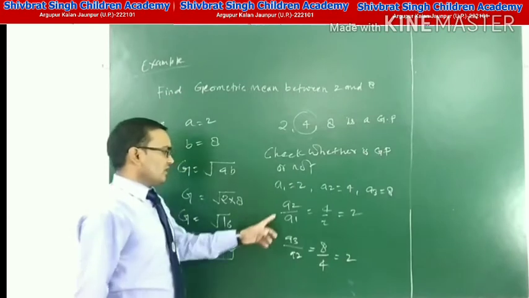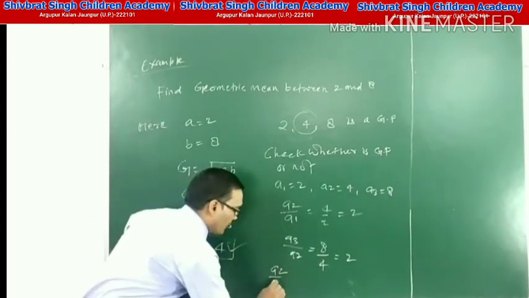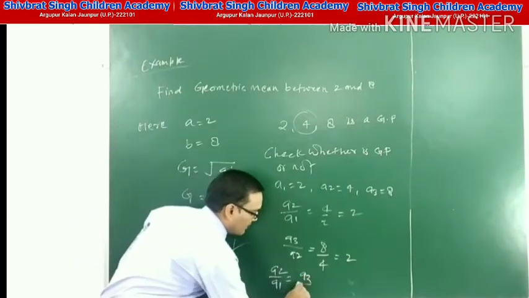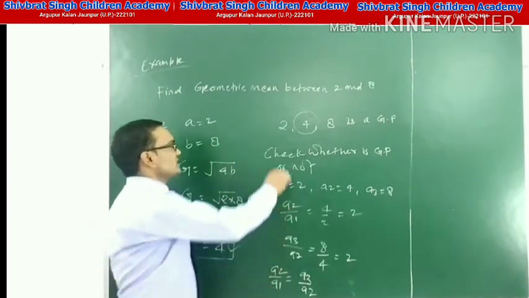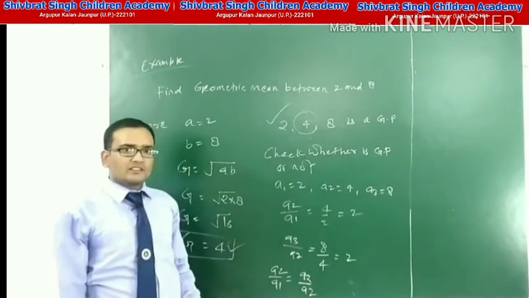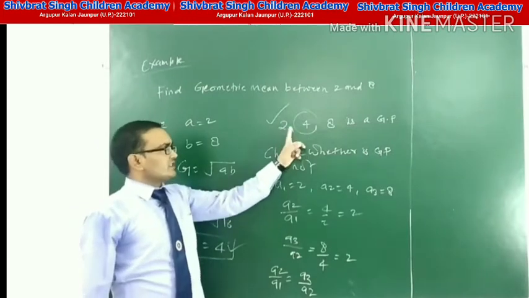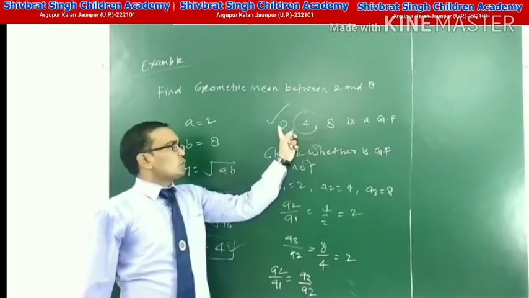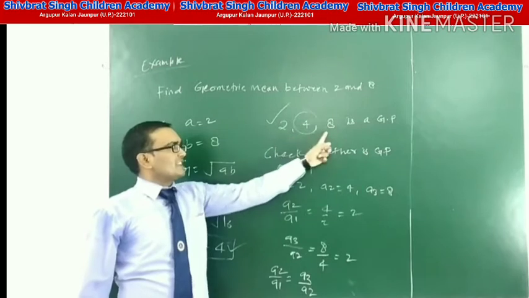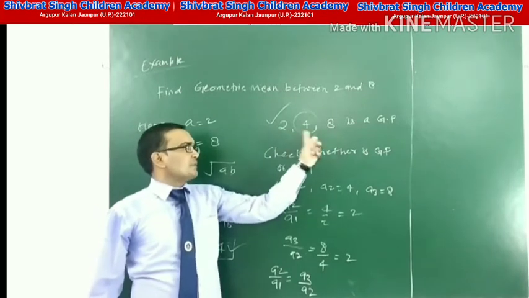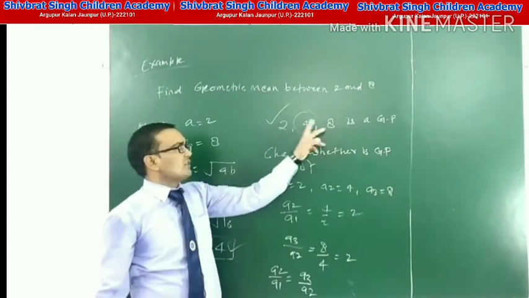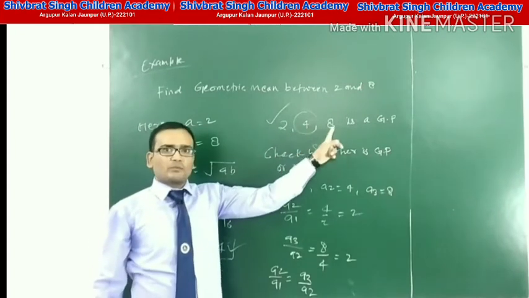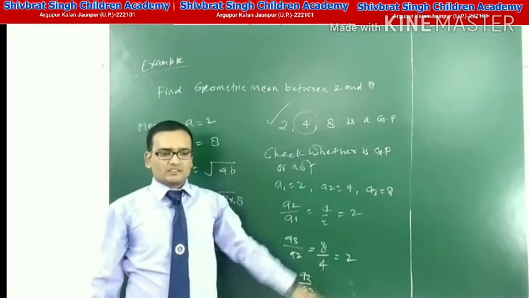Here a2 upon a1 equal to a3 upon a2. Both are equal, hence this is a GP. That means a number inserted between two positive numbers, which makes the resulting sequence a GP, is known as the geometric mean of the two positive numbers, 2 and 8.